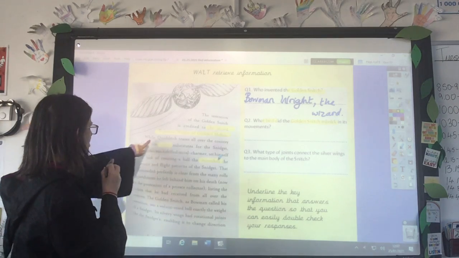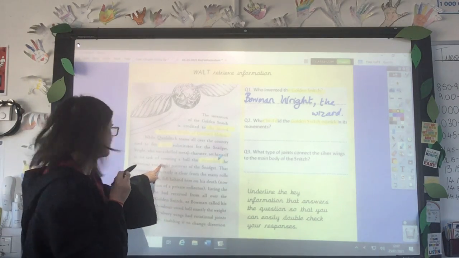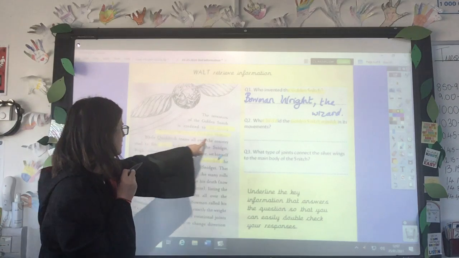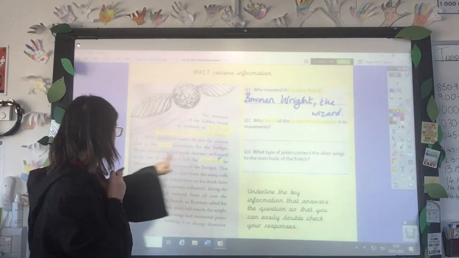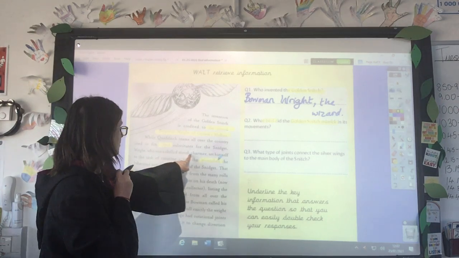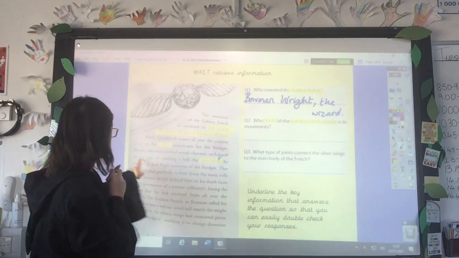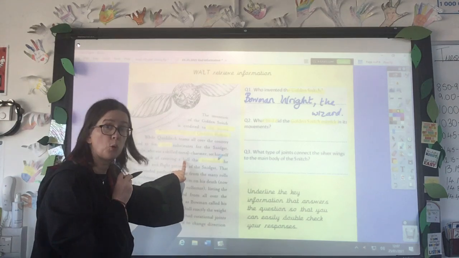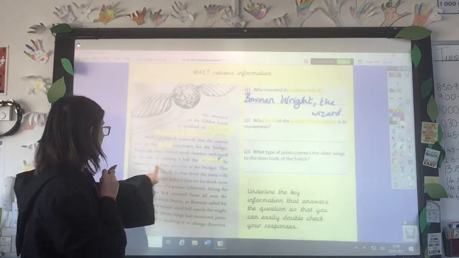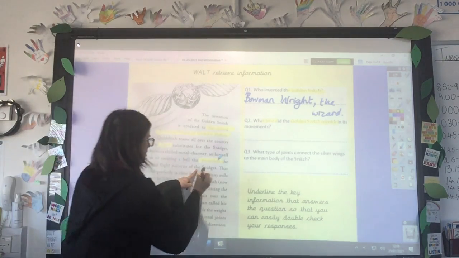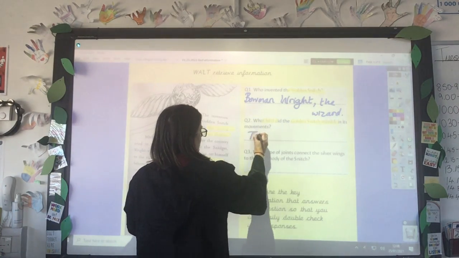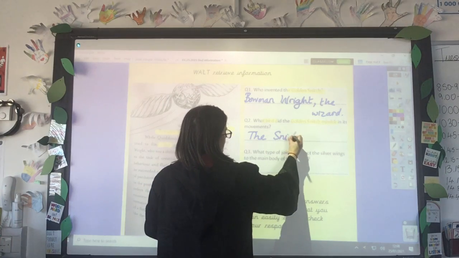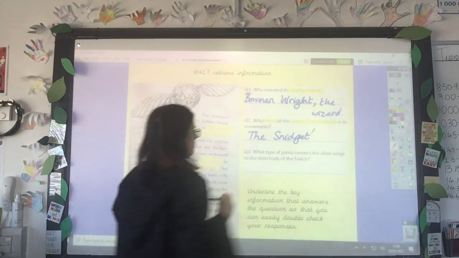So now I need to read the sentence, don't I really, to understand it properly? While Quidditch teams all over the country tried to find bird substitutes for the Snidget, Wright, who was a skilled metal charmer, set himself to the task of creating a ball that mimicked the behaviour and flight patterns of the snidget. So the snidget must be the bird that Wright based the ball's movements on.